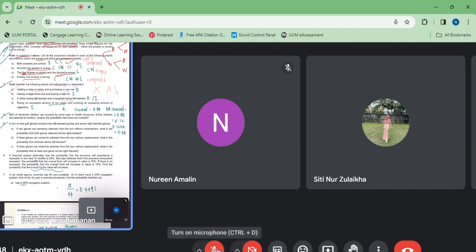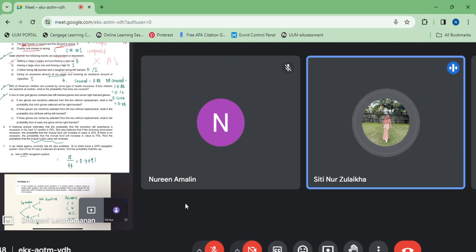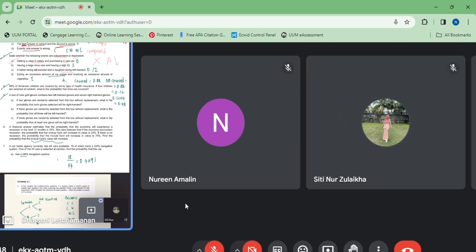It's dependent because caused. Tak faham. Dependent, right? Okay. Next question.